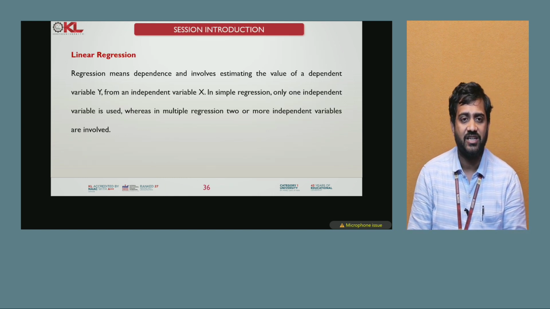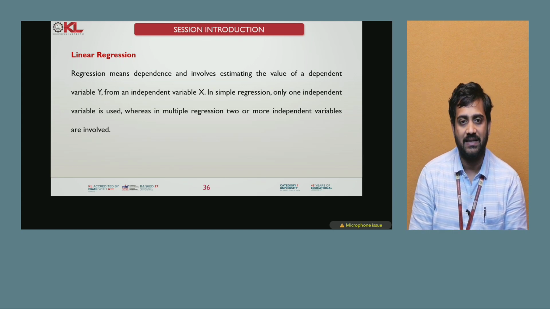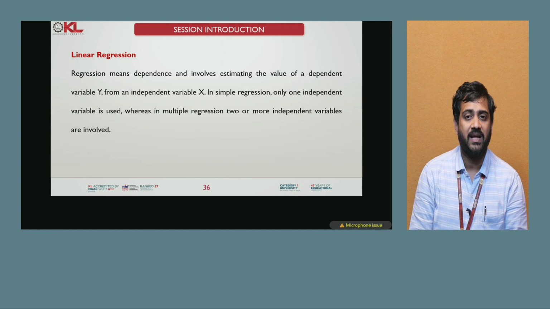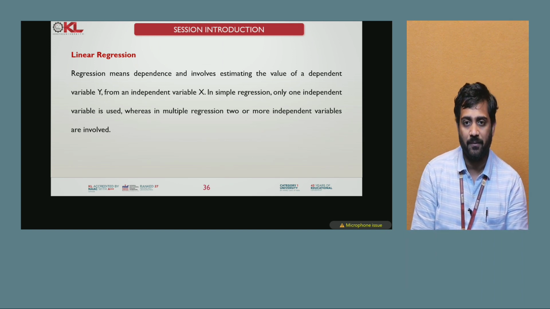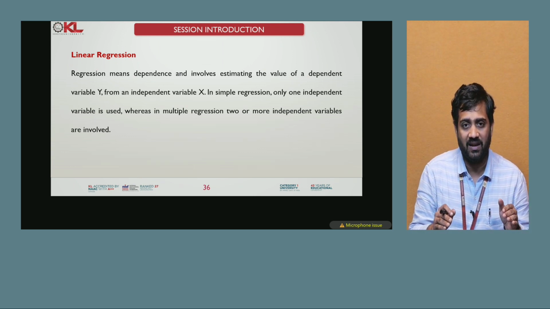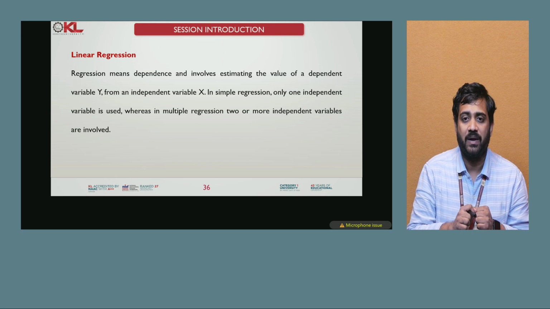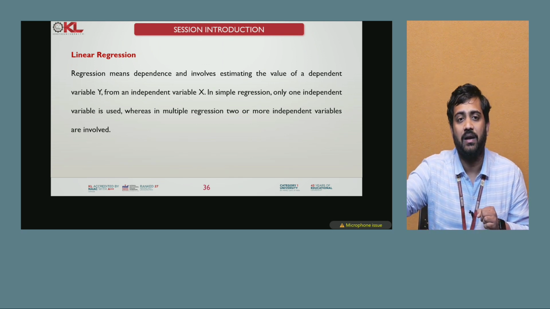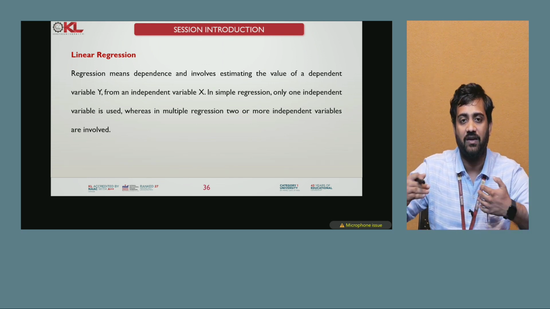Under linear regression, the word regression means dependence, and it involves estimating the value of a dependent variable from an independent variable. Whenever two variables are there, it involves estimating a dependent variable from an independent variable.